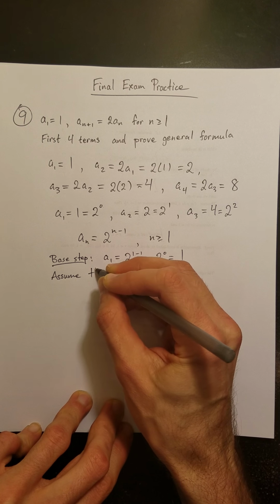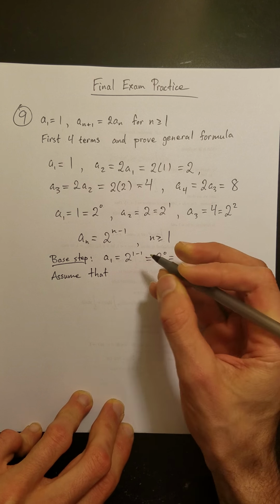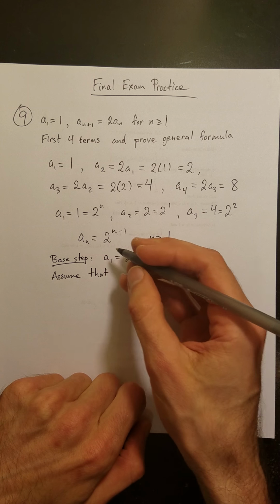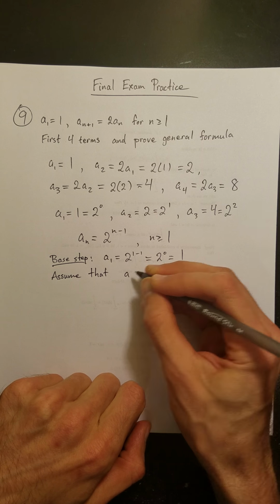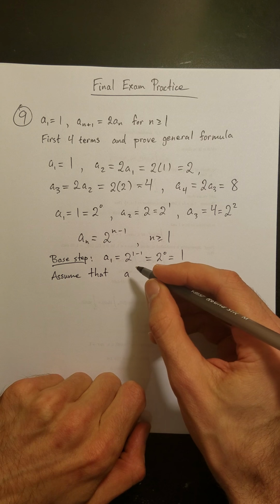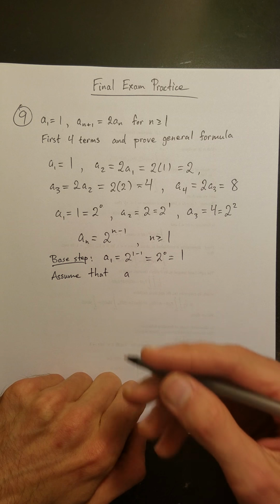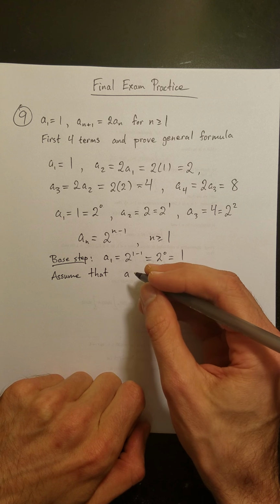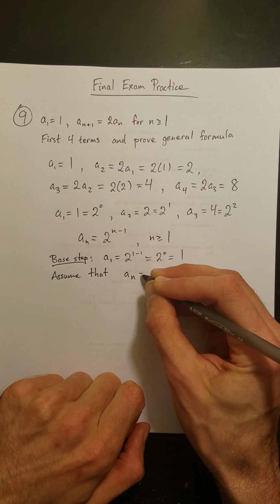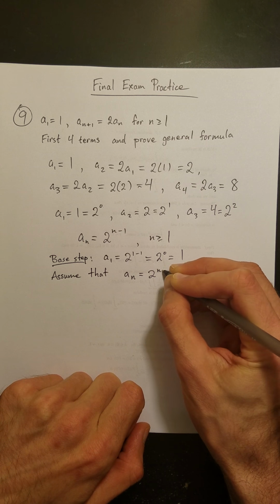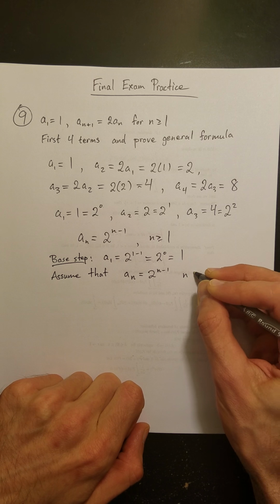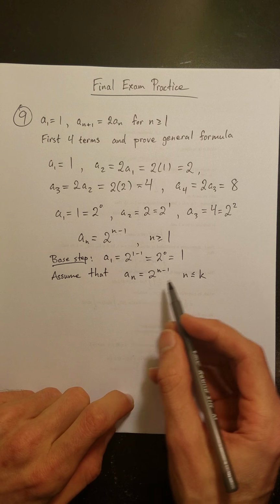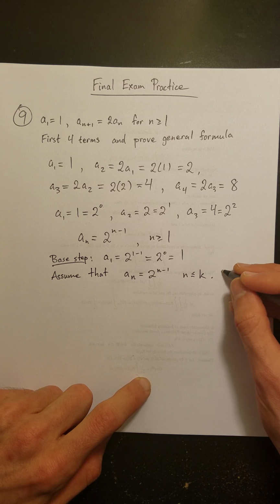So assume that this formula holds up to some value k. So let's say a_n equals 2 to the power n minus 1, as long as n is less than or equal to k. This is our induction hypothesis.